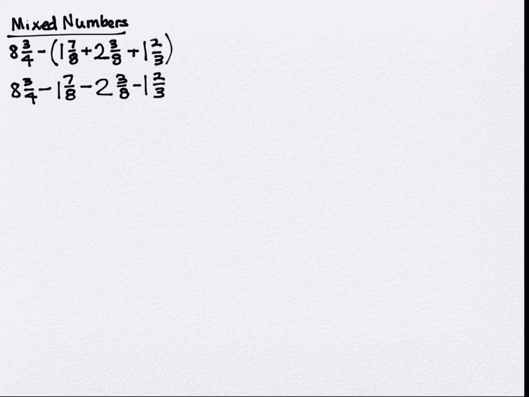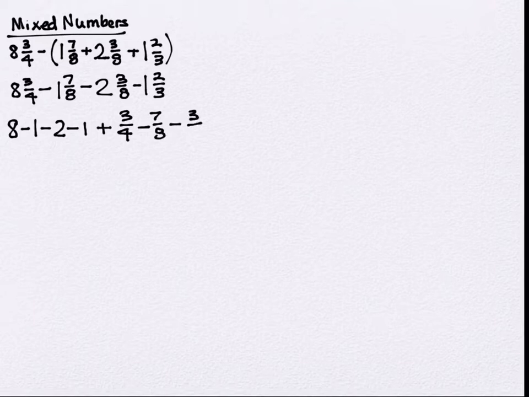So I'm going to put all the whole number pieces at the beginning, and they're all subtractions, so it's 8 minus 1 minus 2 minus 1. And then I've got a positive 3/4 minus 7/8 minus 3/8 and minus 2/3.